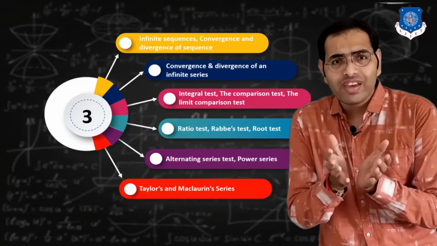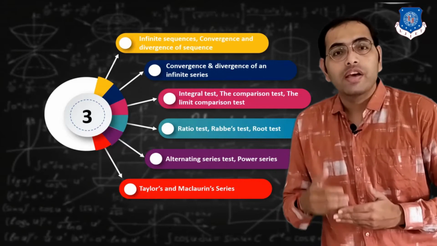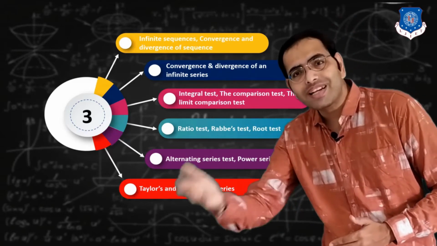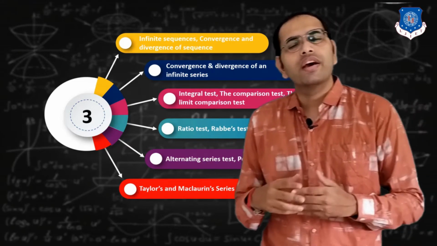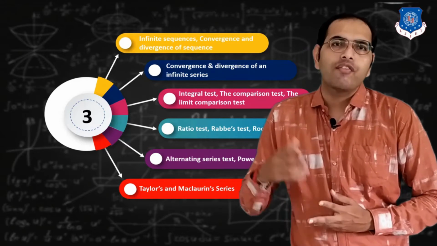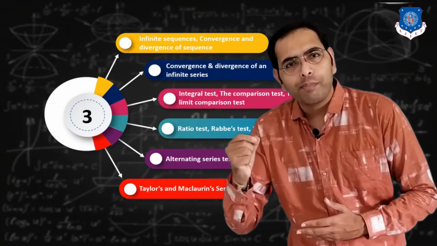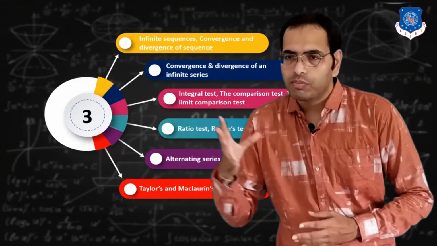Now, if we have a function which is differentiable, then we will use special types of power series such as Taylor series and Maclaurin series. With the help of Taylor series and Maclaurin series, we will find the approximate value of a function at a particular point.